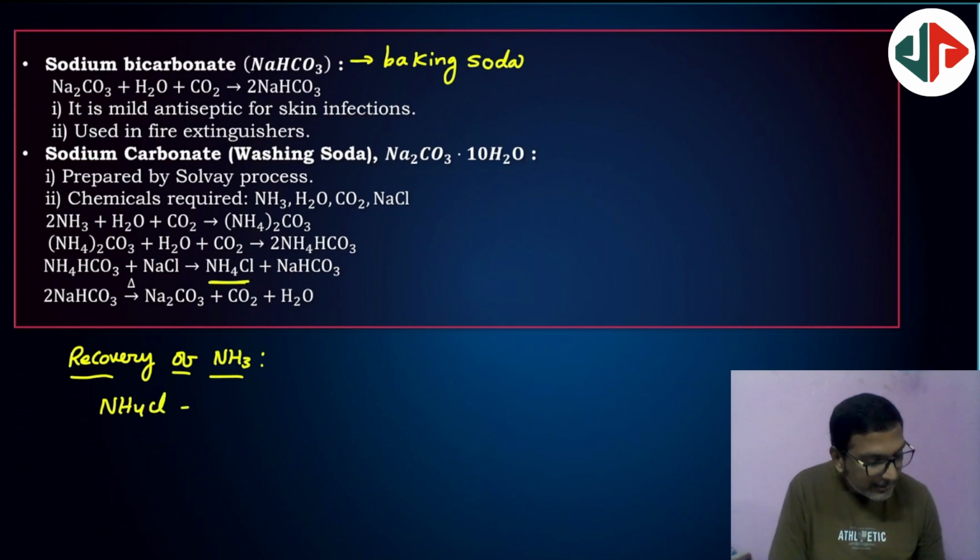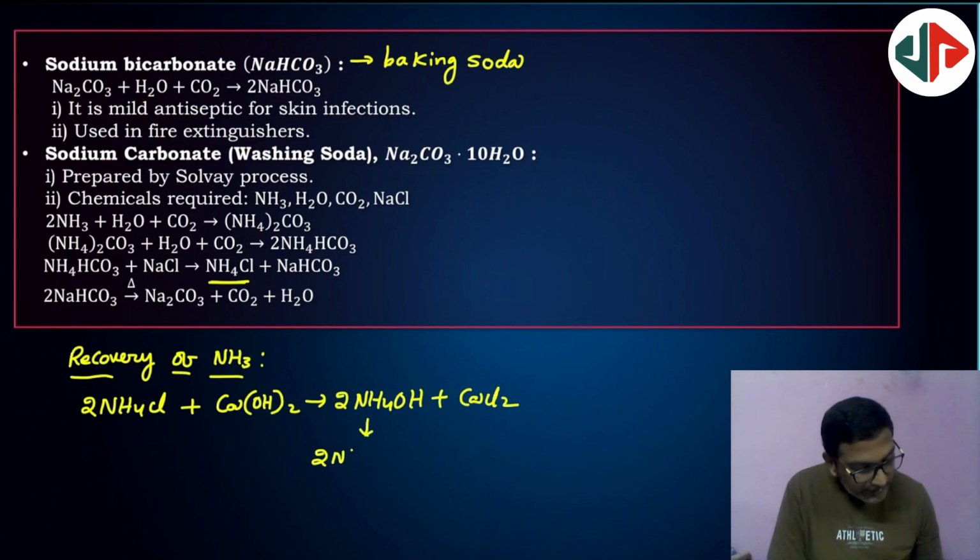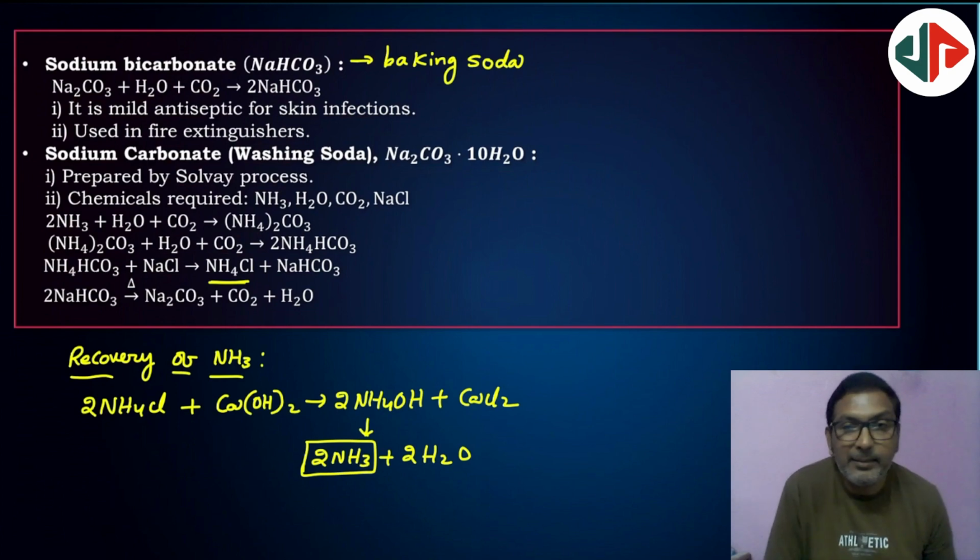This NH4Cl reacts with slaked lime or alkalis to form 2 moles of NH4OH plus CaCl2. This is nothing but 2 moles of NH3 plus 2 moles of H2O. So from this reaction we can recover ammonia. It can be used again.